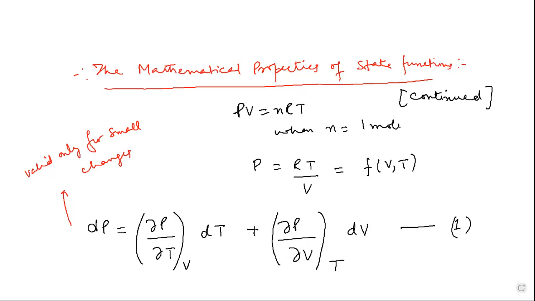Then the second thing was, we said if I have some function z of x, y which can be rearranged to give x equal to g of y, z or y equal to h of x, z, then we have these two properties.